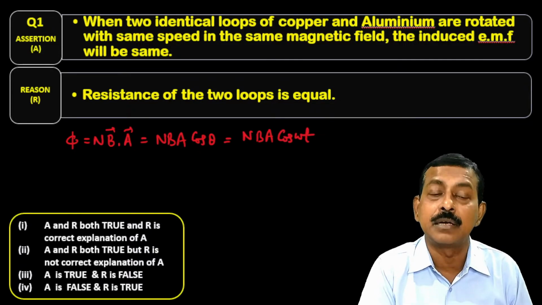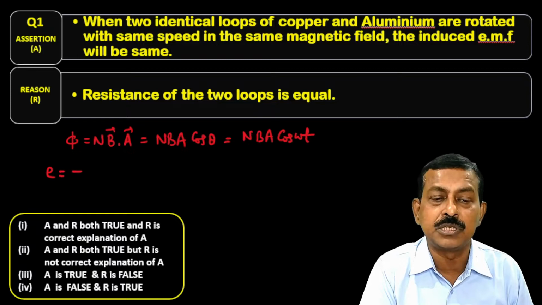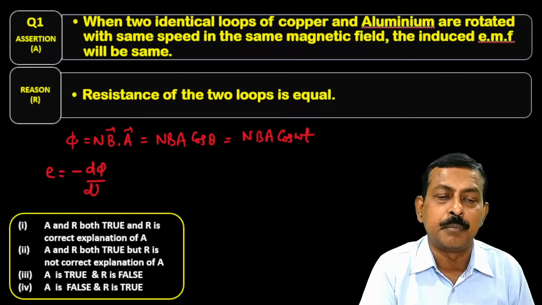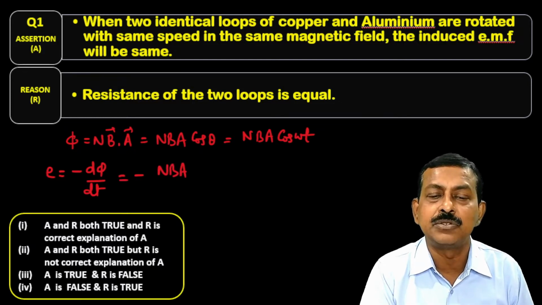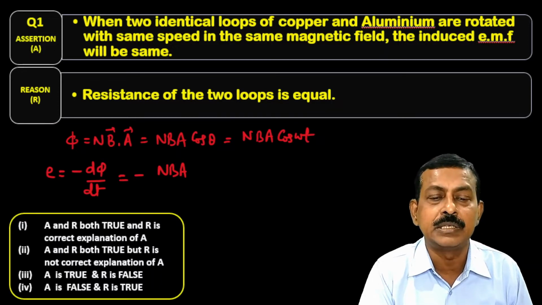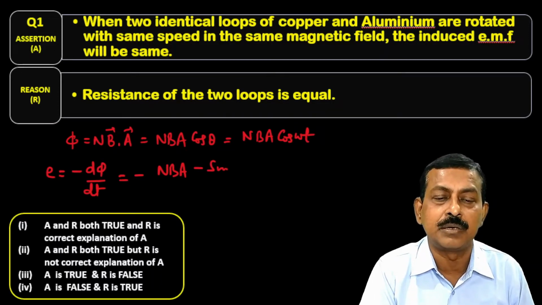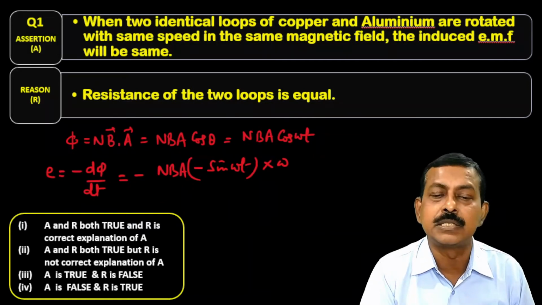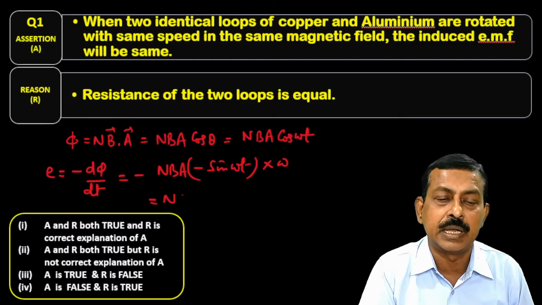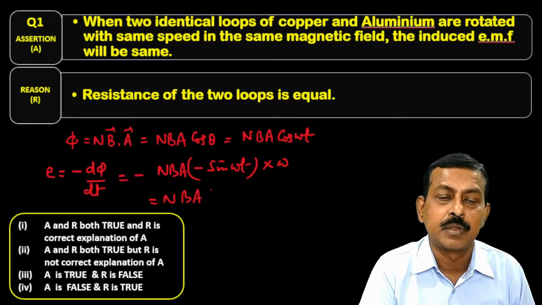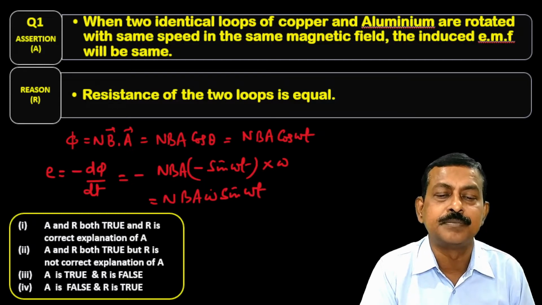Now if I take e.m.f induced, this is your minus d phi by dt, so in that case it is your minus NBA, and then it is your differential of your cos omega t, so this is your minus sine omega t, and then it is your minus, and then it is your omega there. So basically it will be your NBA omega, and then it is your sine omega t.